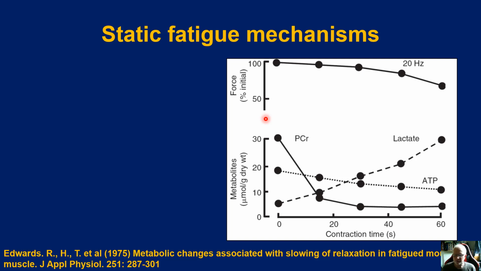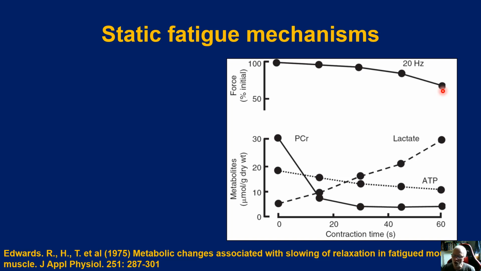There is a stimulation of 20 hertz, and remember that the key thing here is that the muscle is neither lengthening or shortening, there's just this kind of holding, it's almost like a tetanic contraction. The force output decreases, and it's decreased in the order of about 25% over 60 seconds.